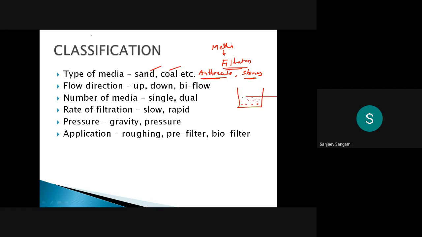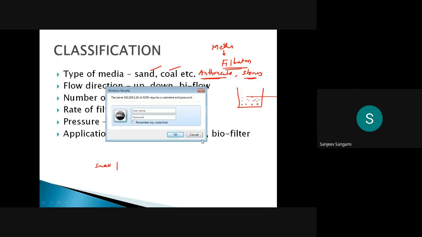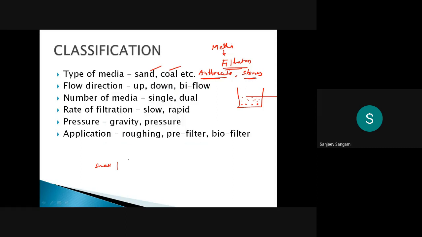Especially when you are dealing with the filtration process, very small particles like silt are involved. Silt will not be removed in the screening process, the sedimentation process, or the coagulation process.